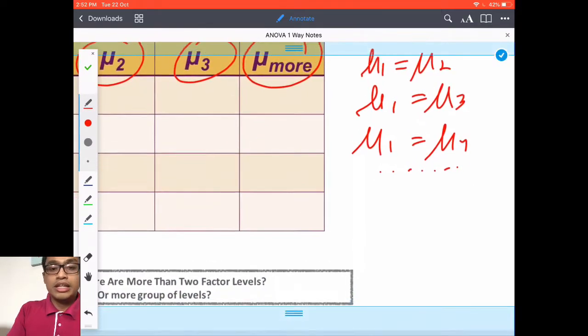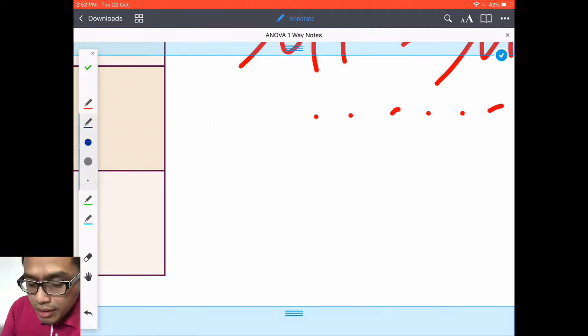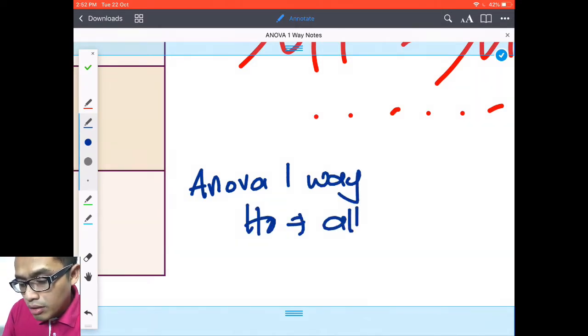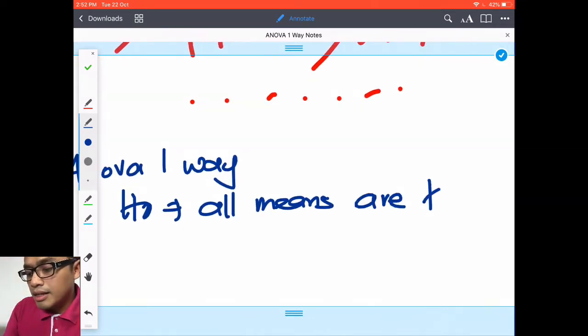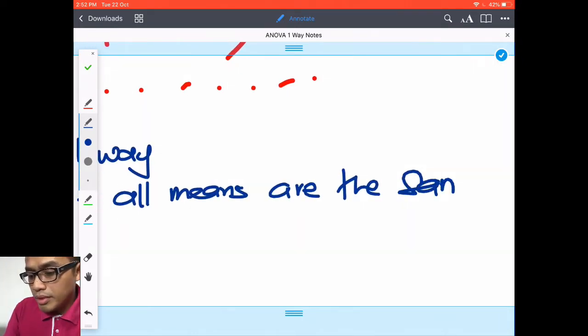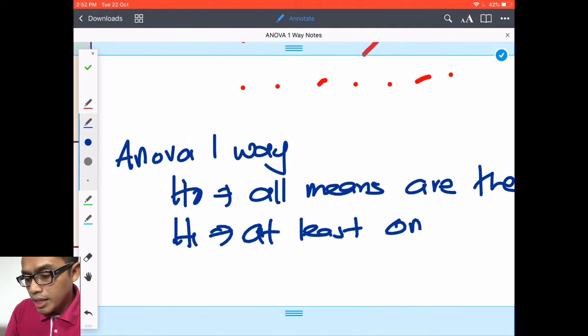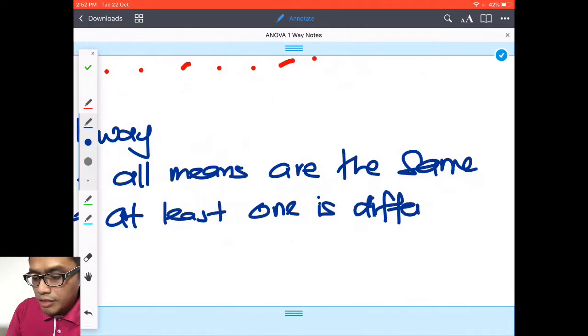For ANOVA 1 way, your hypothesis 0 will be all means are the same. Hypothesis 1 means at least one is different.